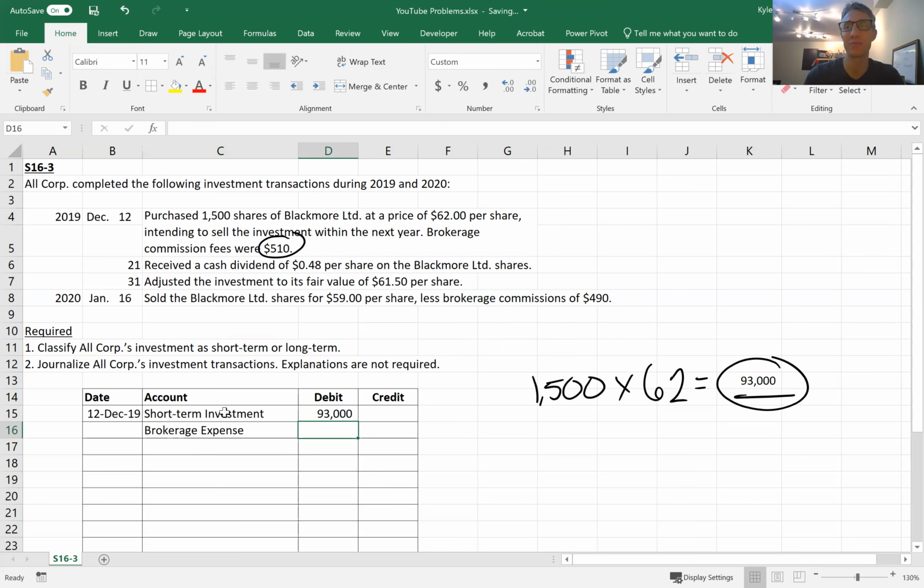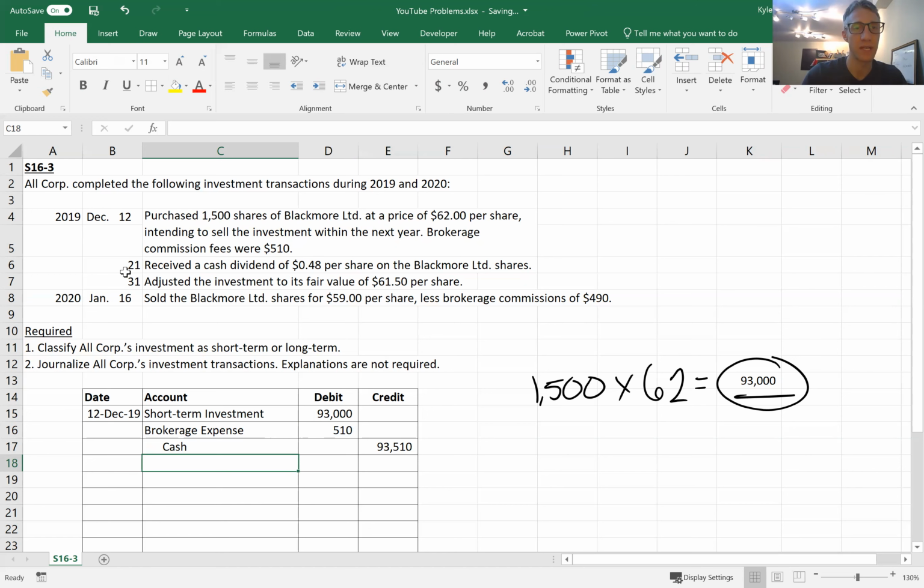Brokerage commissions expense is 510, and they bought the shares by paying with cash. So cash is going to decrease by the combined effect of those two. So this is the journal entry for the December 12th transaction.